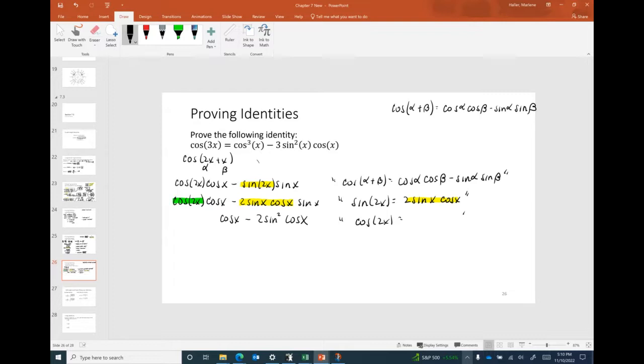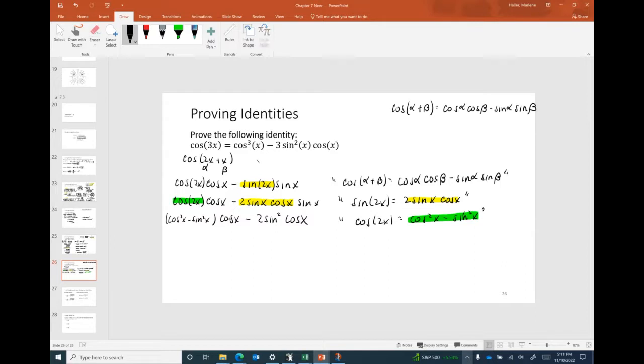I need a sine in there. So let's try this other version here. Let's try cosine 2x is equal to cosine squared x minus sine squared x. Let's make that substitution. Now this guy is getting substituted in for that guy. So cosine squared x minus sine squared x times cosine x.